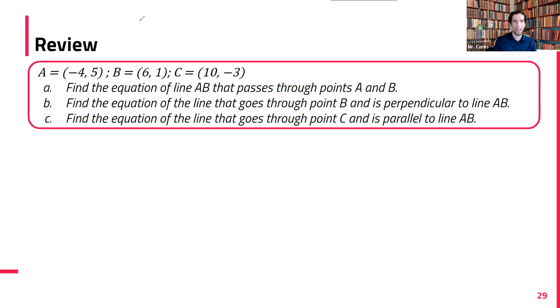For question A, find the equation of a line that goes through points A and B. How can we figure that out? We should use a formula. Any formula? No, tell me specifically. Is it delta y divided by delta x?